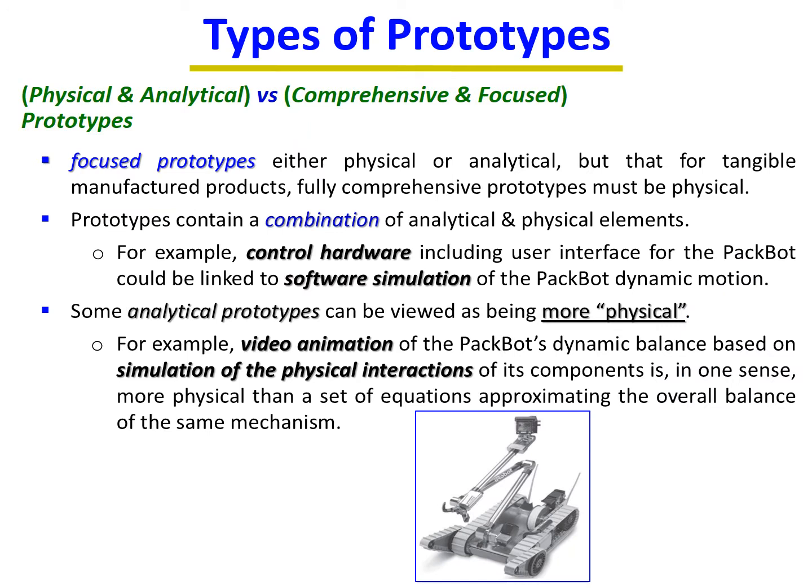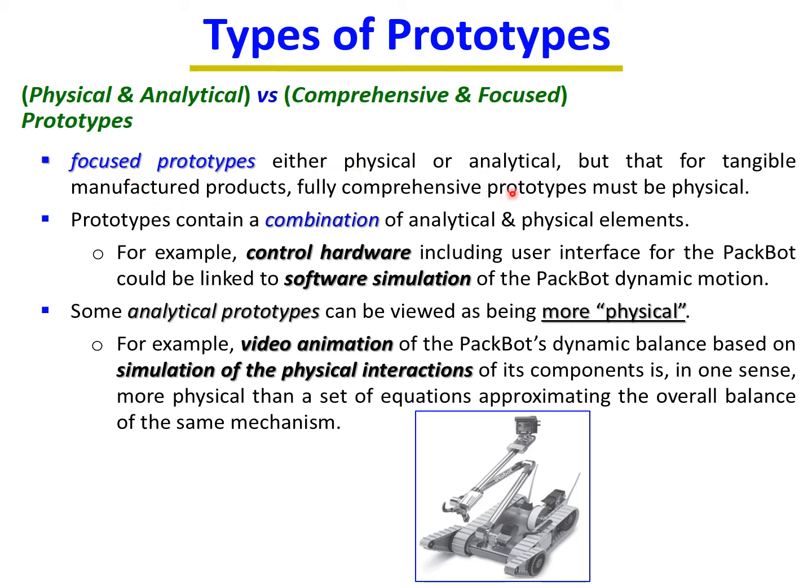We are still under types of prototypes, and we are now discussing a little. Focused prototypes can be either physical or analytical, but for tangible manufactured products, fully comprehensive prototypes must be physical, right? So focused prototypes, as we just showed you earlier, can be both physical or analytical.